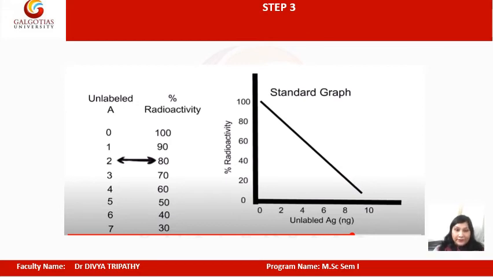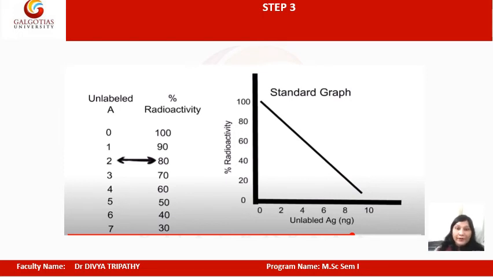We will just note down these values. In one column we will note down the concentration of the solution of unlabeled antigen, and in the second column we will write down the activity. Remember, these values are just an example and may differ with the experiment.